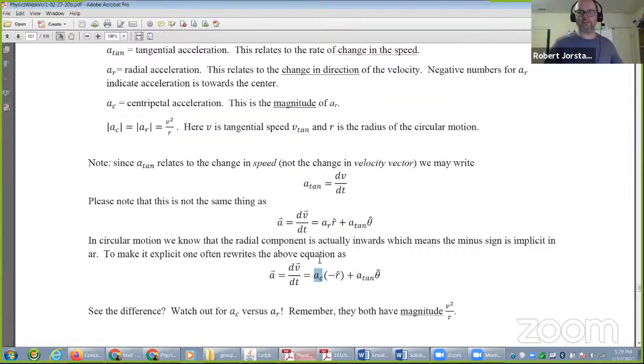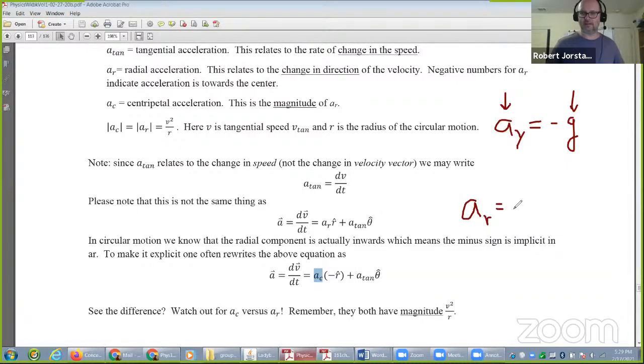Just like we did a lot of problems where we said AY was equal to negative G. G was the magnitude of the acceleration, but AY was the acceleration. Similarly, AR equals negative AC. So when you're reading books, the absolute value of those two is the same.